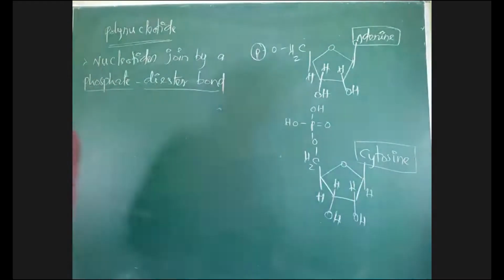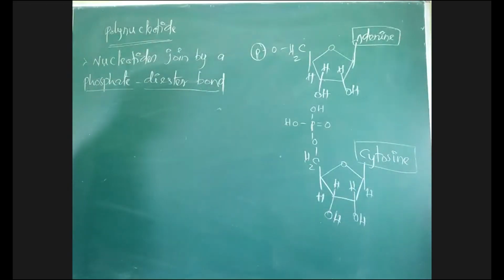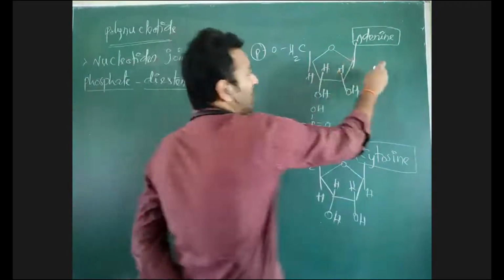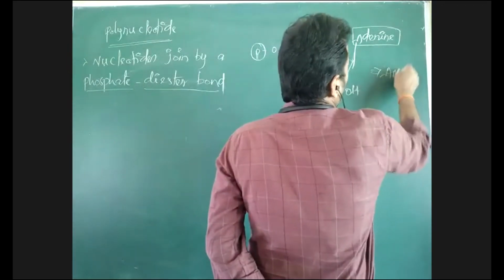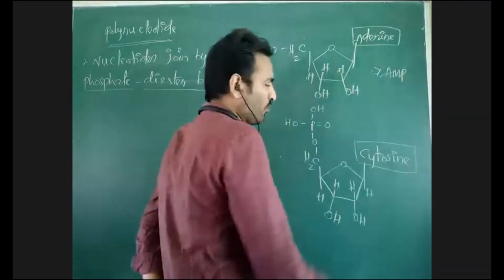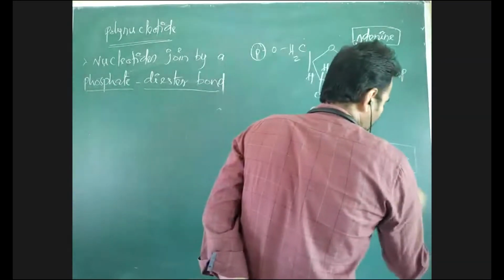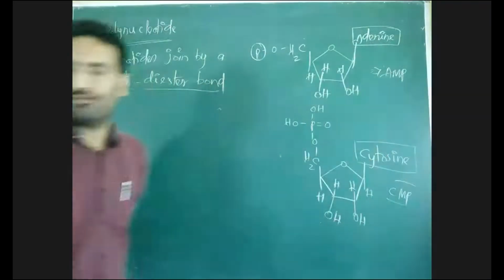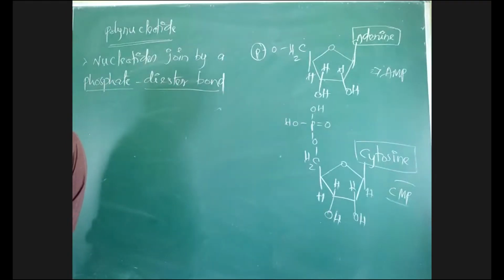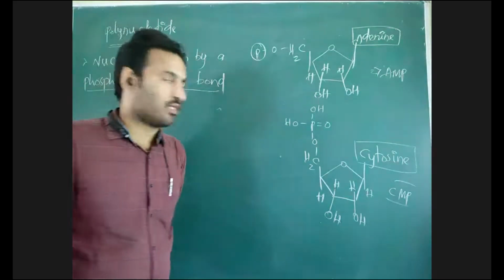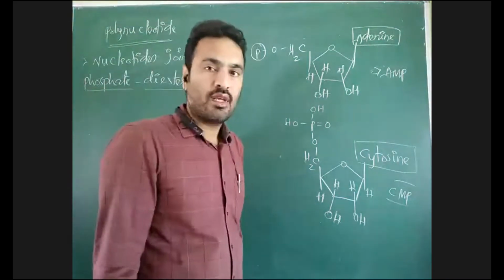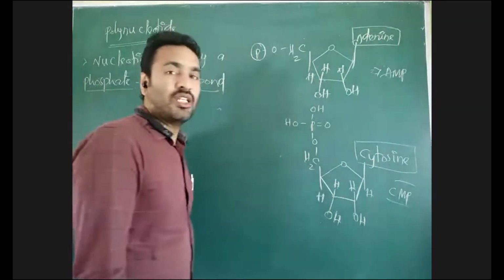Cytosine is a pyrimidine nucleotide. Actually, this is the structure of AMP, adenosine monophosphate. This is the structure of CMP, cytidine monophosphate. Two nucleotides are there. Now the two nucleotides will join.